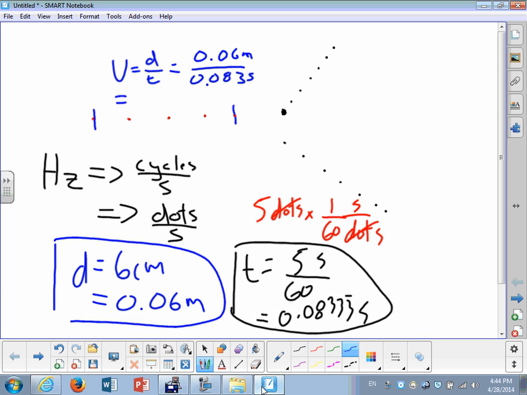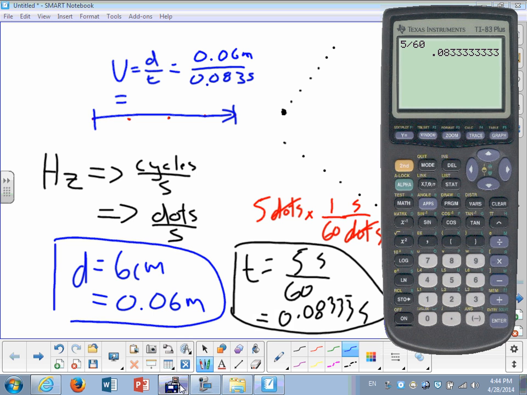This gives me a total velocity from that bit there of, well, let's see, 0.06 divided by all of that, 0.72 meters per second. Great.